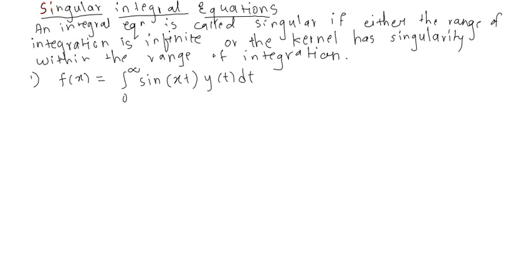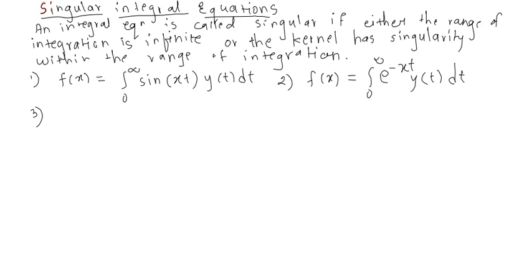Okay, let us look at one more example. f of x equal to integral from 0 to infinity e raised to minus xt y(t) dt. Now this is also same as example 1. Okay, the integration limits are infinite and therefore the equation is a singular integral equation.